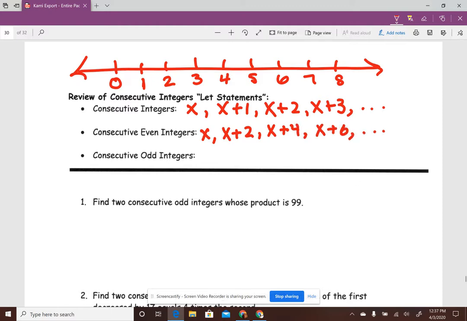And it's not because they're even that it's 2, 4, 6. It's because that's how much you need to add to go from 0 to 2, and then from 0 to 4, and then from 0 to 6, because you're basically skipping or jumping over the odd numbers. Okay, consecutive odd, you would use the same thing you use as even.